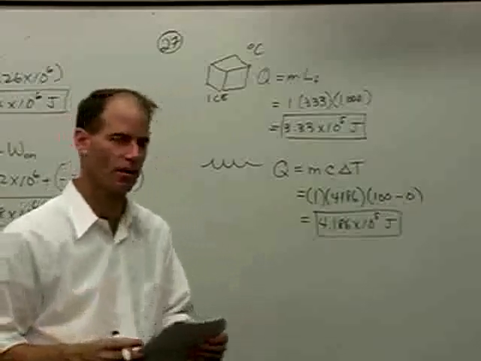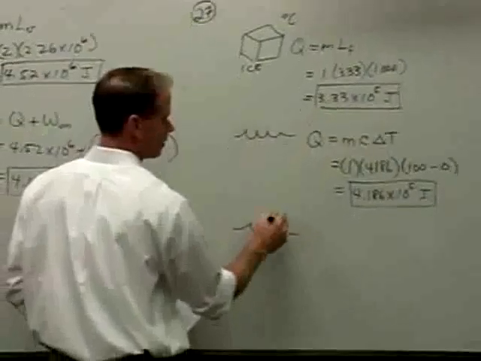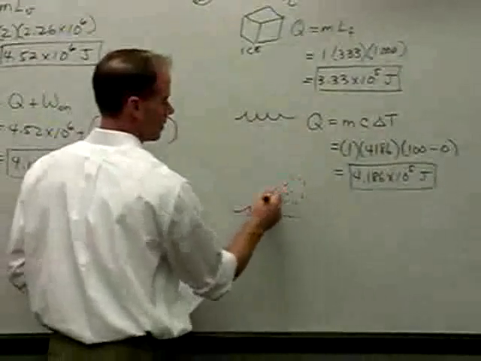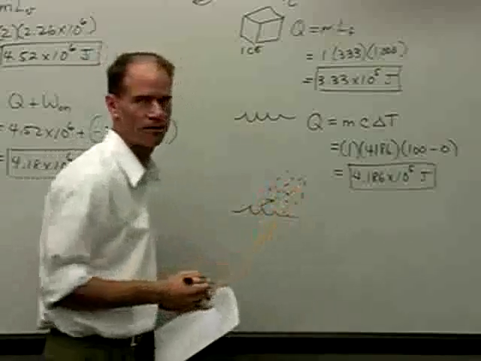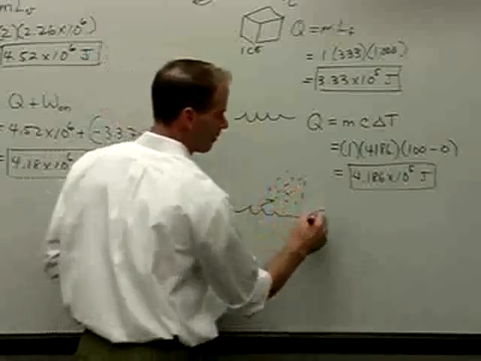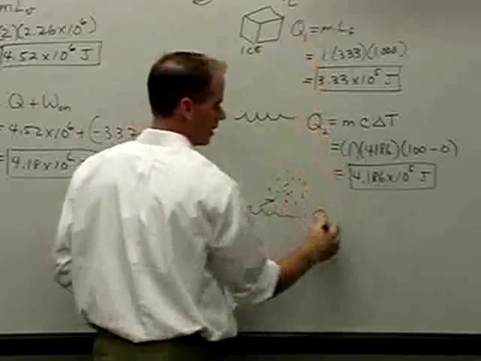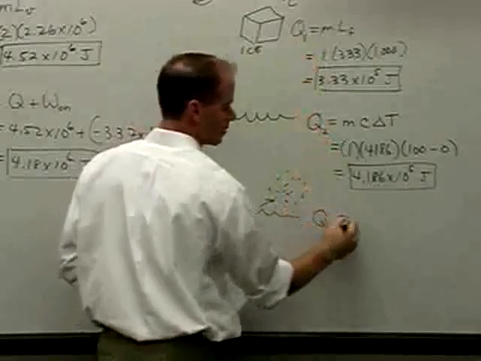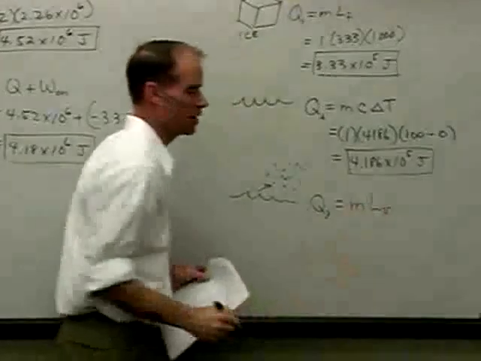Next, we want to convert this water into steam. So we're going to go through another phase change, and we're going to have heat required for that. Let's call this Q1, Q2, and Q3. Heat required for that is going to be the phase change, mass times latent heat of vaporization.